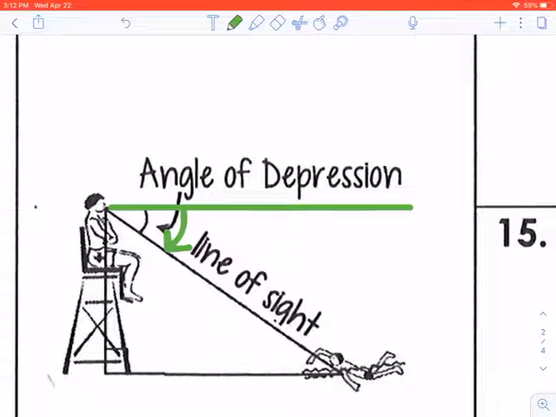That's your angle of depression, okay? So angles of elevation and depression never come from a vertical. They always come from the horizontal line. So if they tell you the angle of elevation is this or the depression is this, you need to draw horizontal, and then you either go up if it's elevation and down if it's depression, okay?